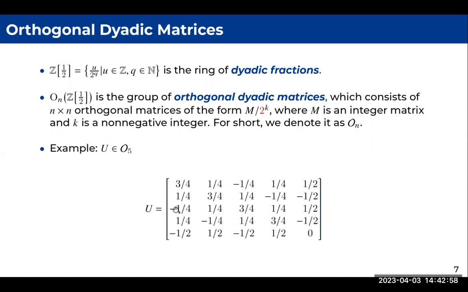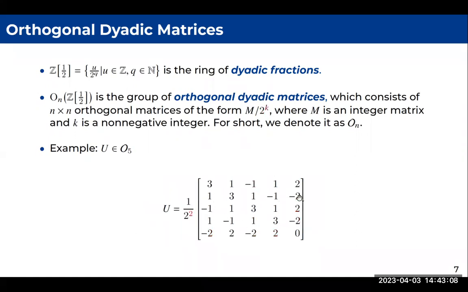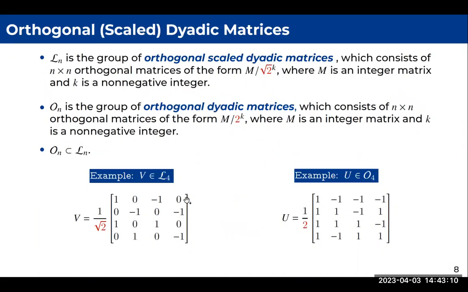As an example, let's look at a 5x5 matrix. And as you can see, if we factor out 1 over 2 to the power of something from every component, then you can get an integral matrix with a scalar. And there are some correspondences or relations between O_n and L_n, and they're described as this subgroup relation.